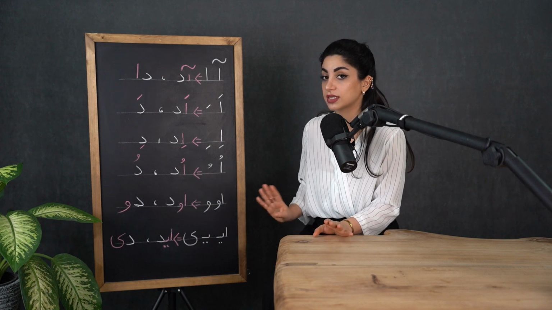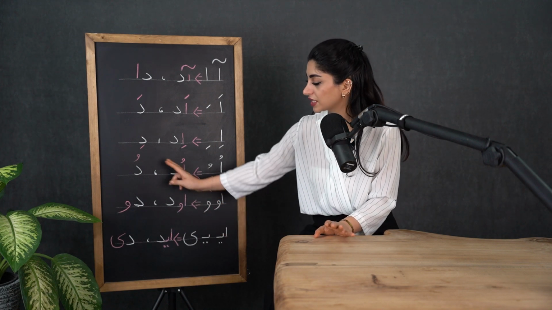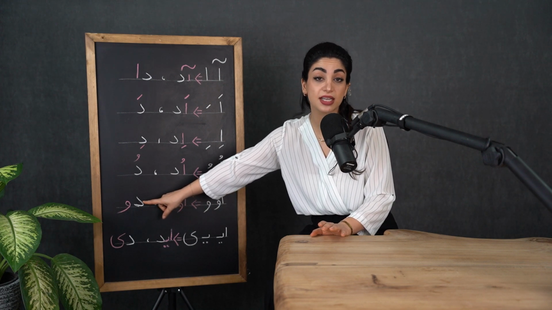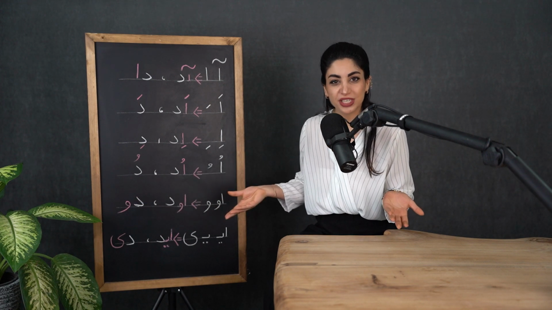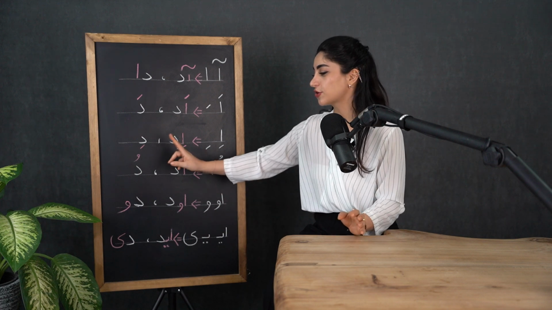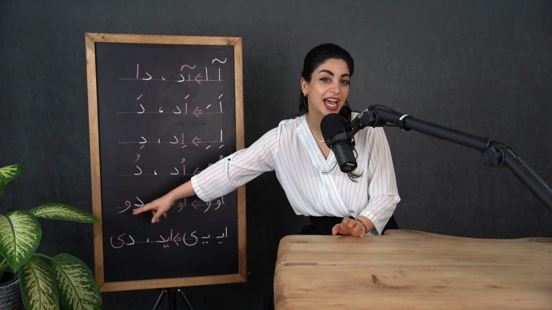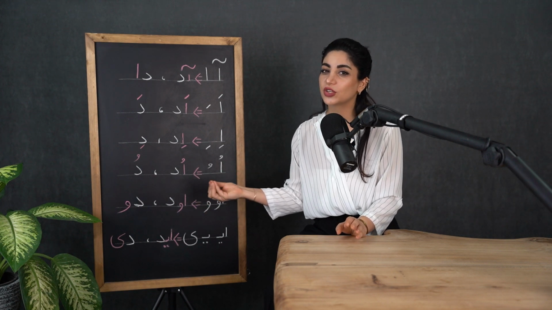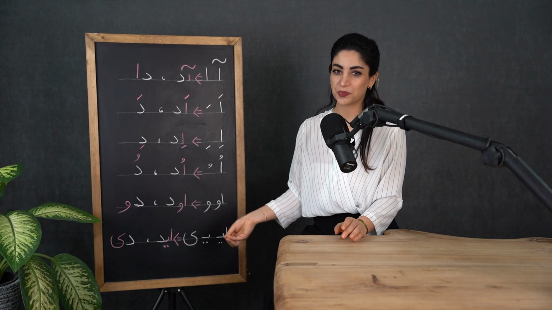We know this one doesn't come at the beginning. So when it comes here, because the D attaches only from this side and not this side, of course they don't attach. So first I read this and then that. De, u. Together, do, do.